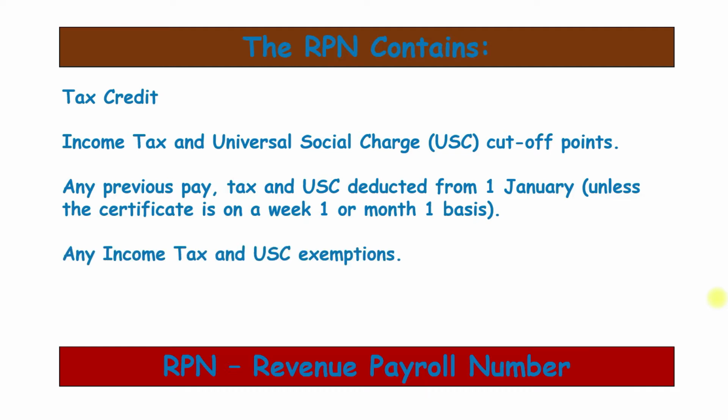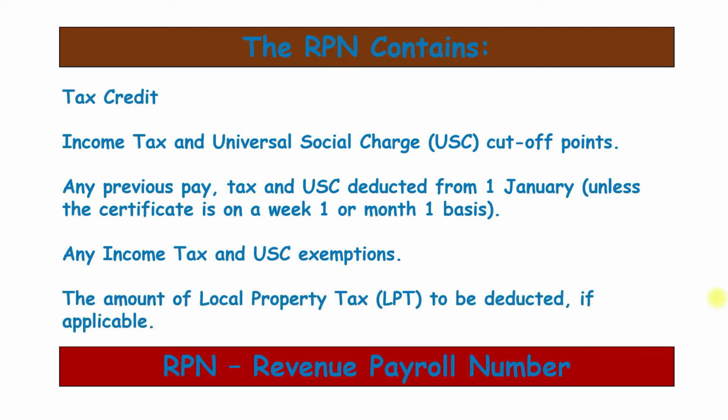The RPN will also indicate if the employee should be on emergency tax or a week 1 month 1 basis. It is important to get an updated RPN from Revenue when an employee starts for the first time. This can be automatically downloaded to a payroll program or downloaded manually from the Revenue website.